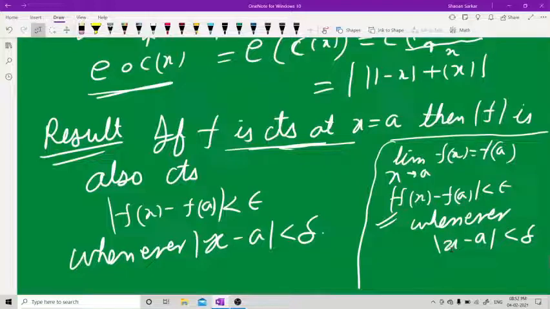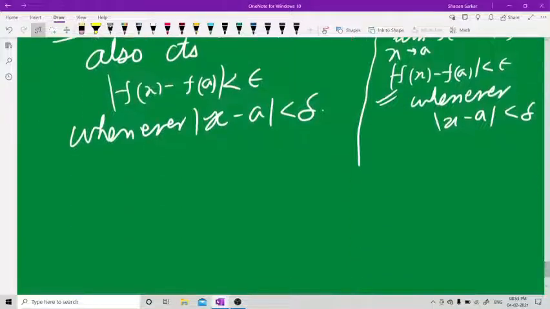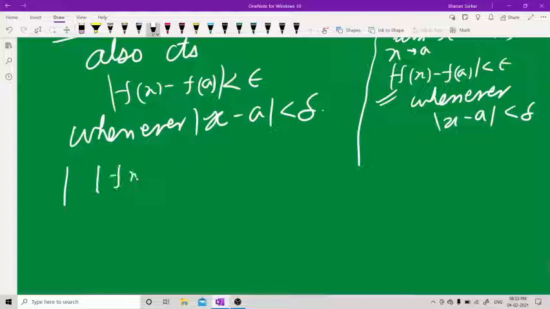Now I have to find the mod of f. I have to show that mod of f(x) minus f(a), whole mod, is also less than epsilon.